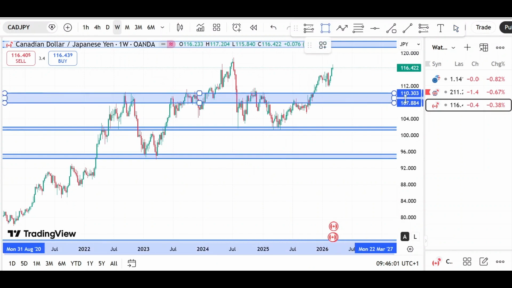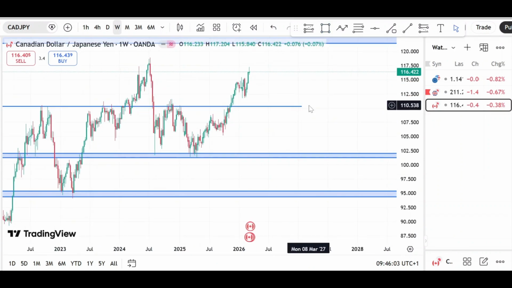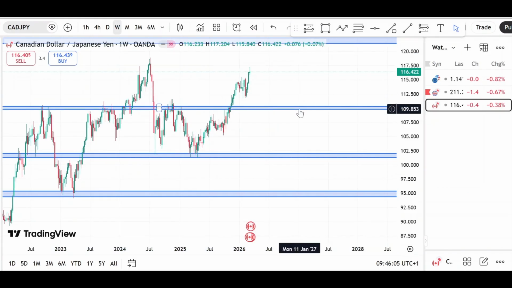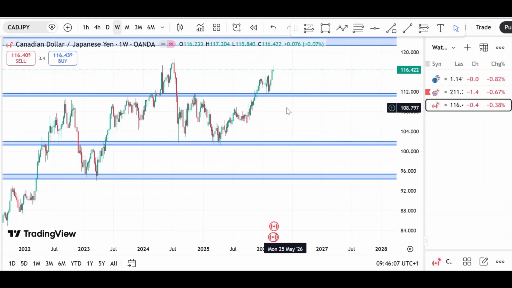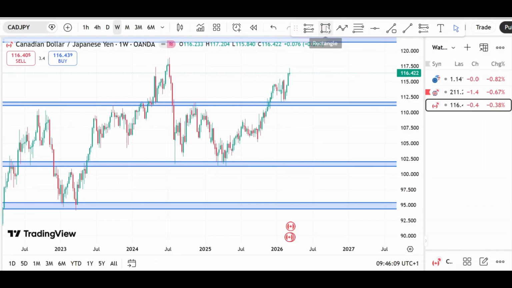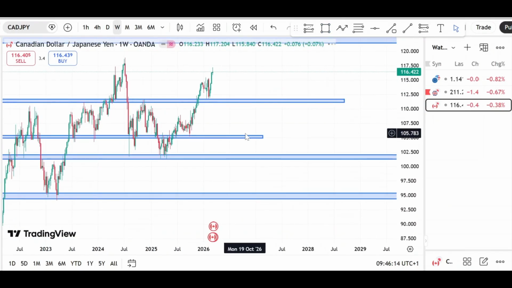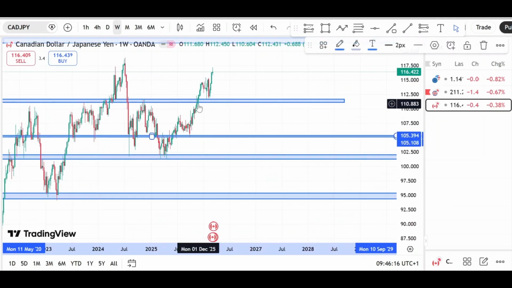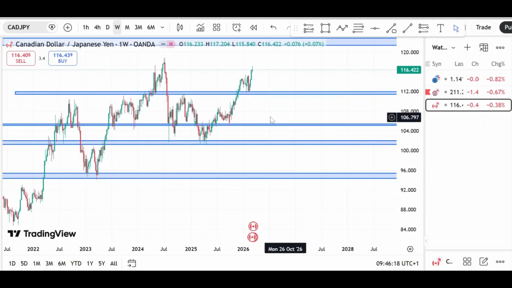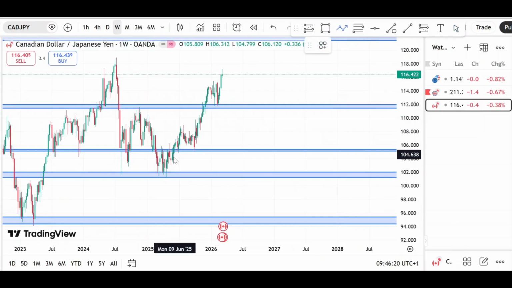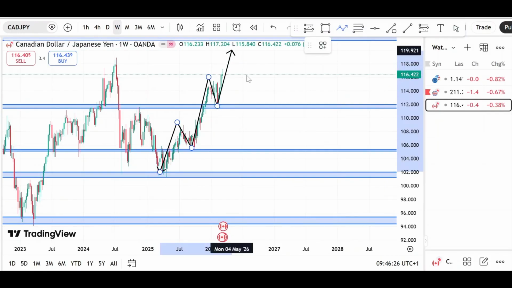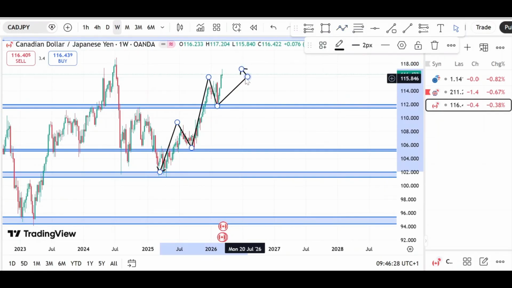We have been in an uptrend in this weekly time frame. Guys, as you can see, we are seeing higher high, higher low, higher high, retest higher low. So we expect that the price is going to keep moving in an uptrend.